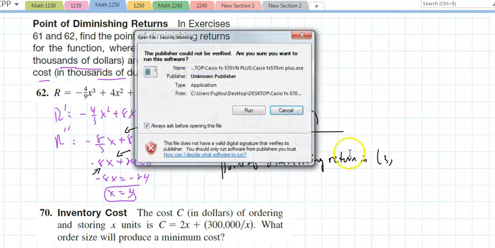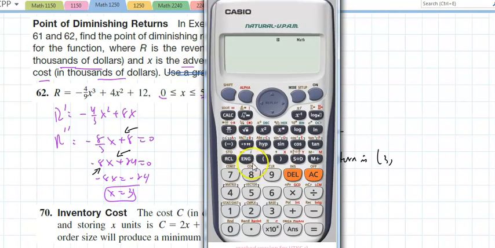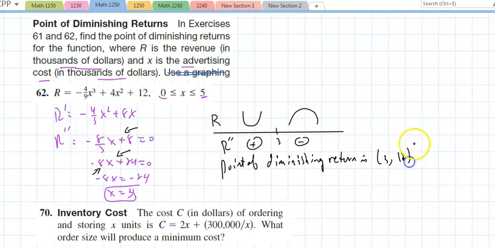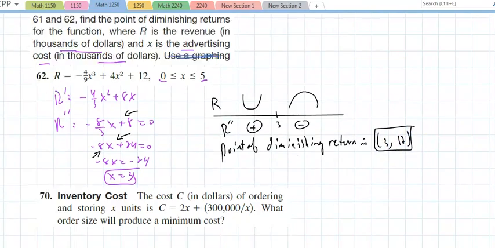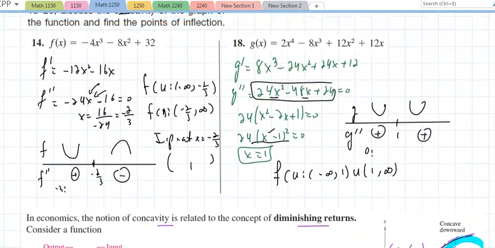Let's just use that. If I take negative 4 divided by 3, parentheses, 3 cubed, which is 27, plus 4 times 3 squared, which is 9, plus 12, I'll get a 12. So that's the point of diminishing return. I could go to the previous problem if I needed and plug in negative 2/3.